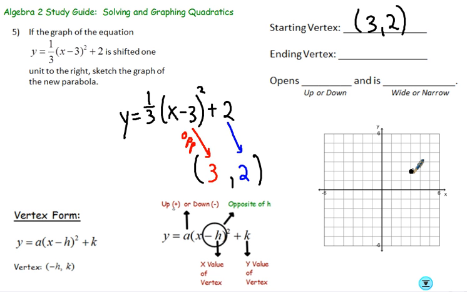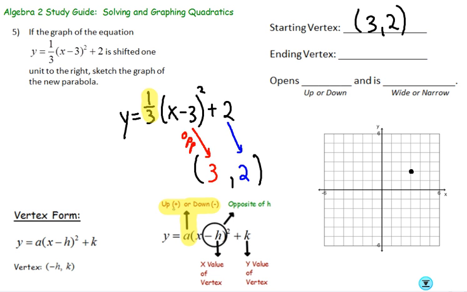And then let's take a look. It's a positive a value, that first number, which tells you whether the parabola is going to open up or down. Since it's positive, that parabola is going to open up. But there's one other consideration that we have to make, and it was a consideration that we didn't necessarily look at on number 4.